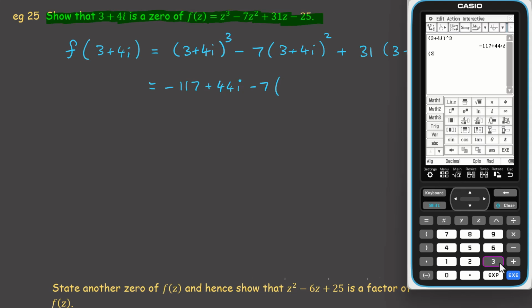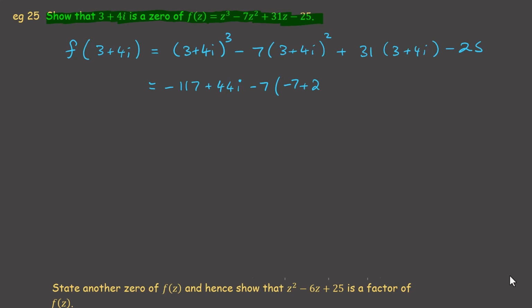So 3 plus 4i, and let's square that. Negative 7 plus 24i. And then we've got plus 31 times 3 plus 4i, which is 93 plus 124i, take away 25.